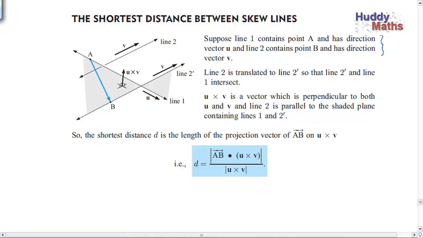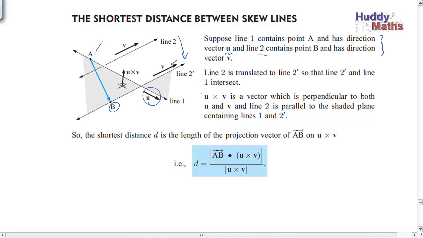Suppose line 1 contains point A, has direction vector U, and that's this direction down here. And line 2 contains point B, has direction vector V. Okay, so there we have it. The idea is to translate line 2 so that it's down here, bring it down, so line 2 dash and line 1 intersect there.